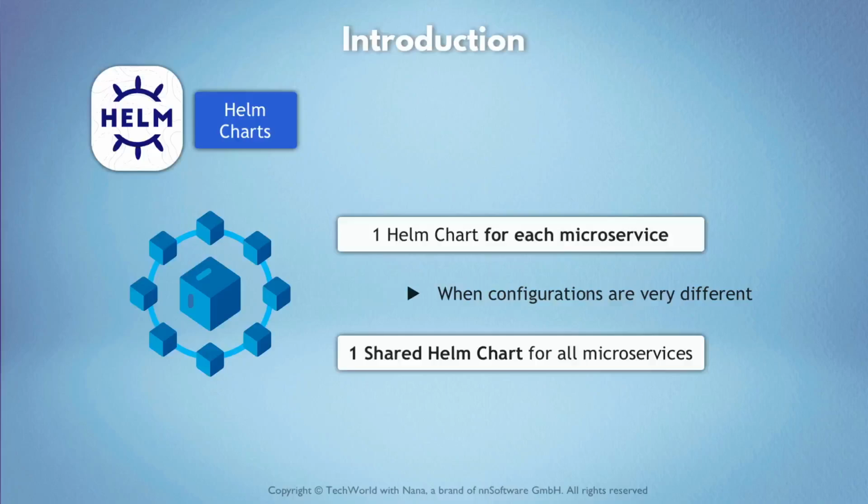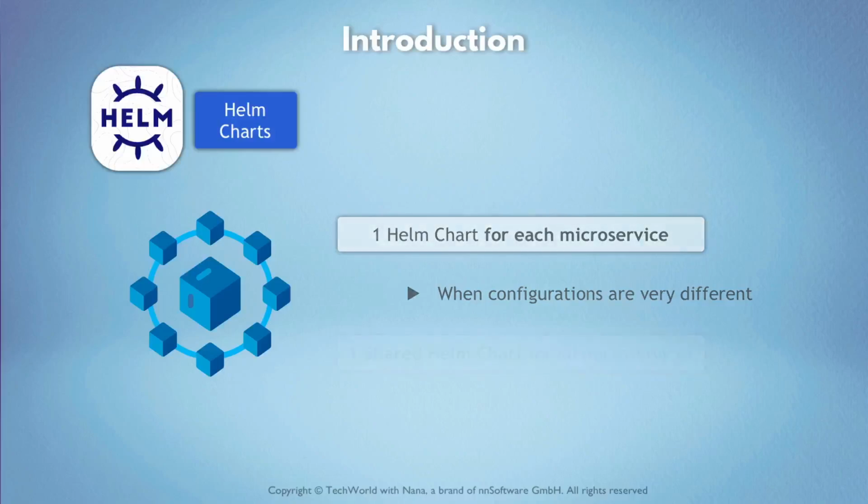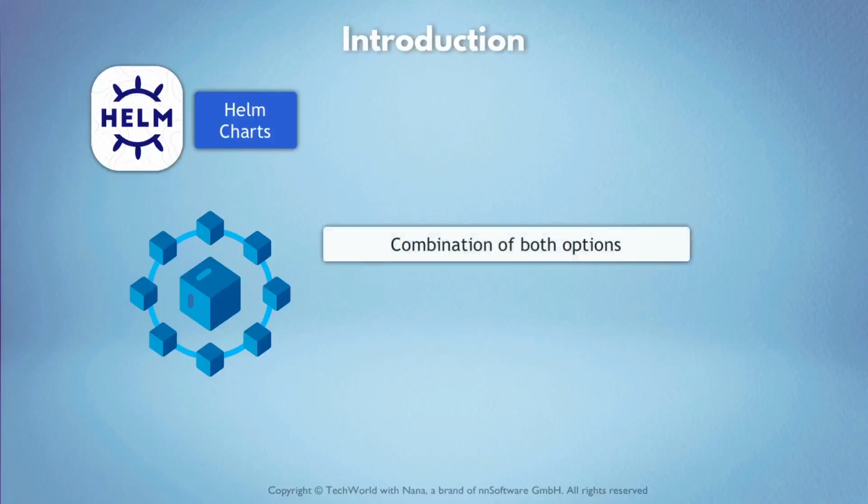Both of these ways have their advantages and disadvantages, and which option you choose really depends on your application. You can actually use a combination of both. If you have a bunch of applications that are very similar, for those we can use one single chart that they can share and then pass different values for each individual service.